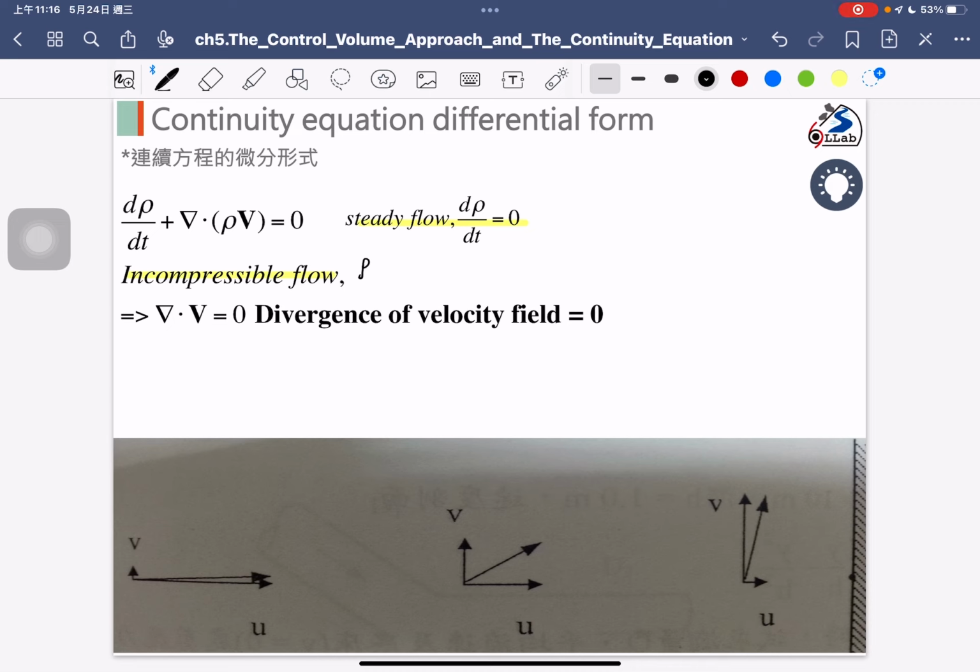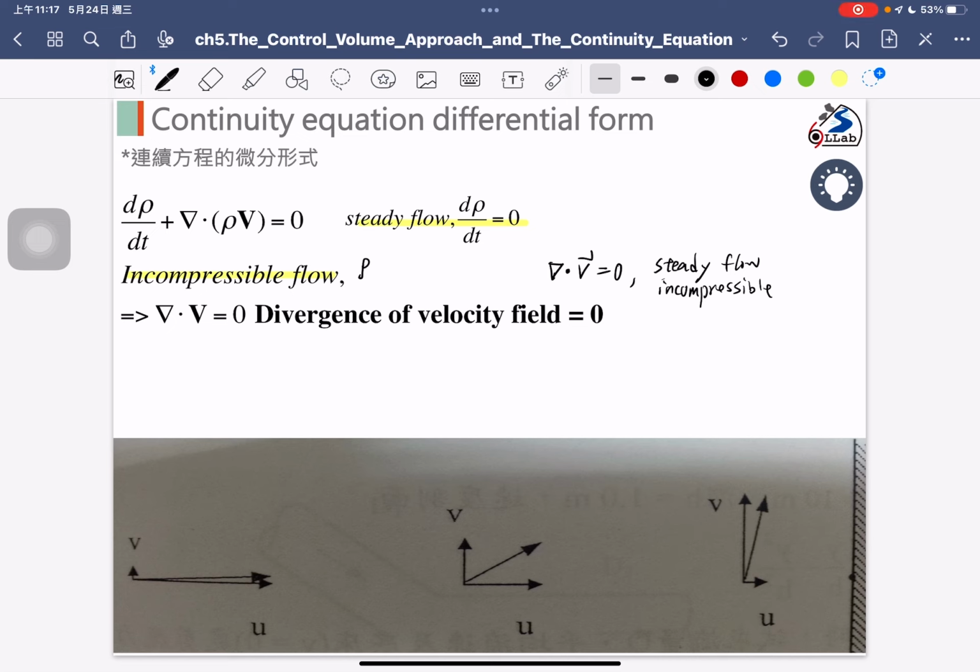So the final formula I write down here is the spatial gradient dot product with the velocity equals 0, just under the conditions that the flow is steady and also incompressible.